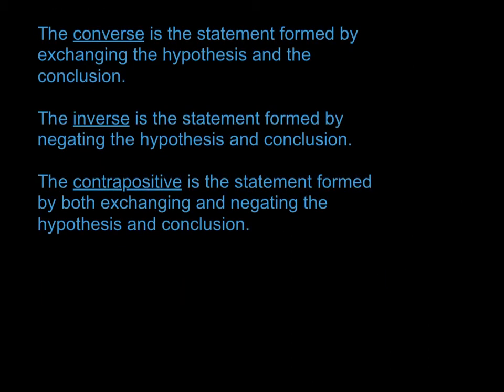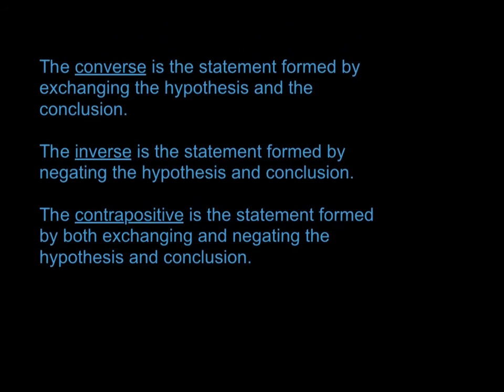All right, your next 3 vocab words have to deal with doing something with the conditionals. Converse, inverse, and contrapositive. Go back to your original statement, which can be written as: if P, then Q. The converse is when you flip the hypothesis and the conclusion, so it would be: if Q, then P. The inverse is when you take your original one and negate it.